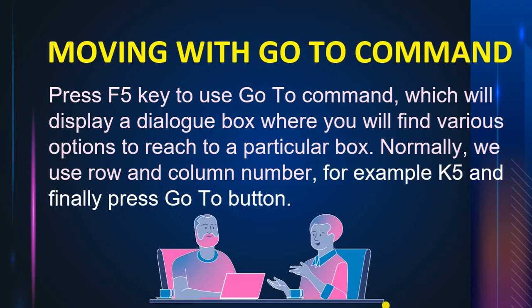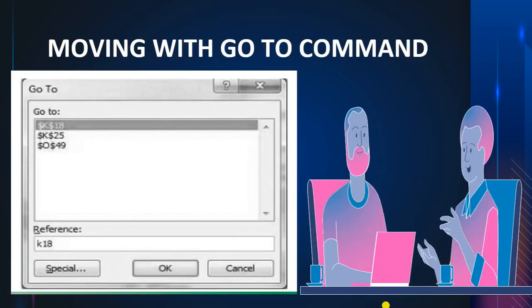So when you press the F5 key, a dialog box will appear. You have to simply write there using the row and the column name and number. Then it will place your insertion point at the reference written in the box like this.